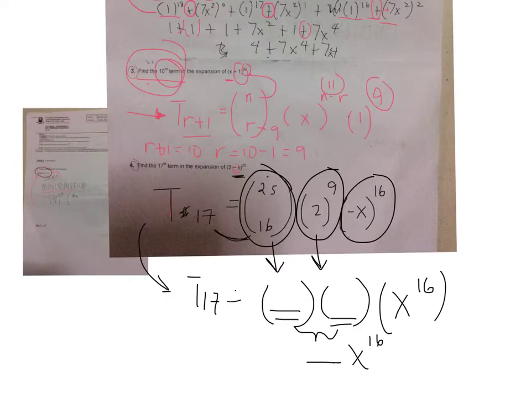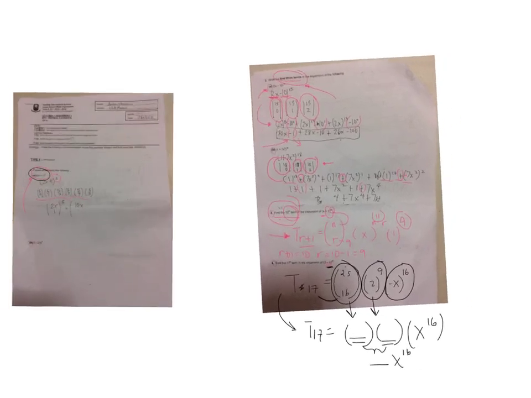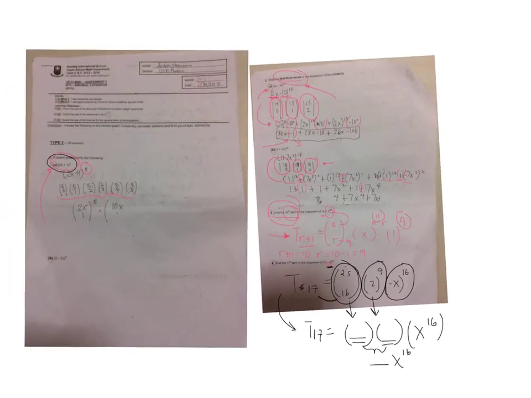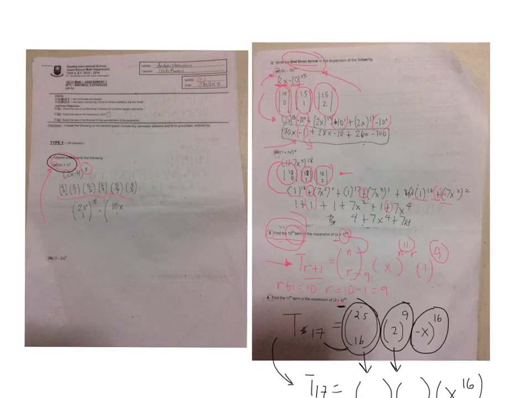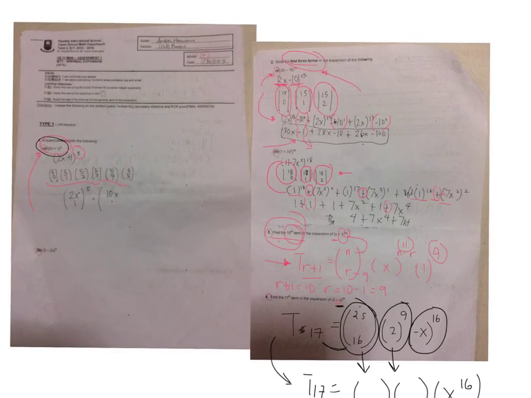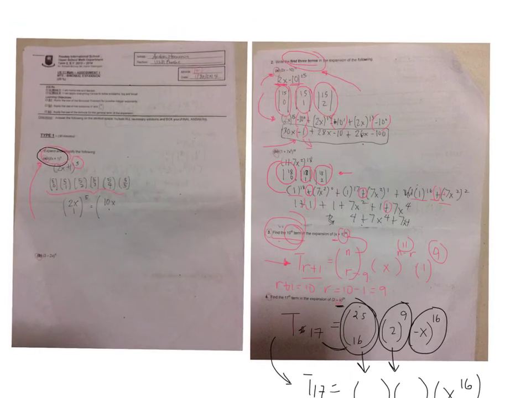Okay, so just to summarize my feedback for you, what is important at this moment is that you really have to go back to the fundamental idea of expanding the binomials, and the videos that I made will be a big help.